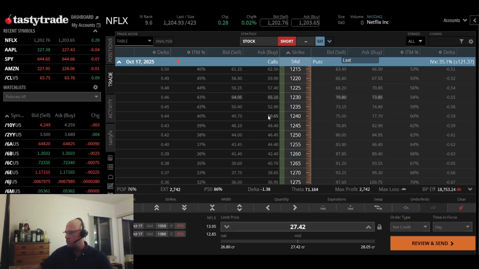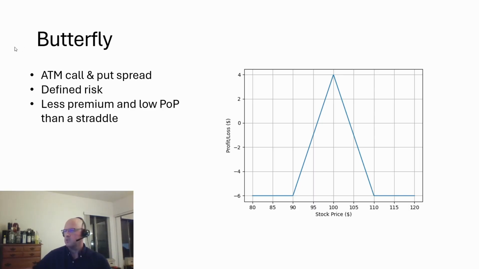So you could use defined risk variations of those trades, say the butterfly or the iron condor. So let's switch back to the presentation and we'll discuss those trades. So here we are with our butterfly. It's very similar. You notice the risk graph here is kind of similar to the straddle, except our losses are capped because it's defined risk.